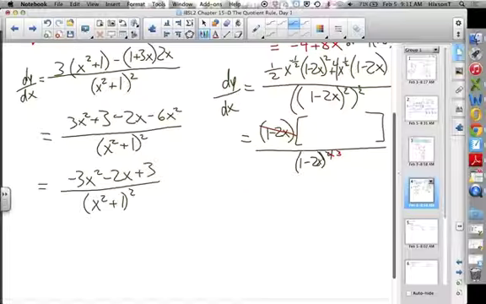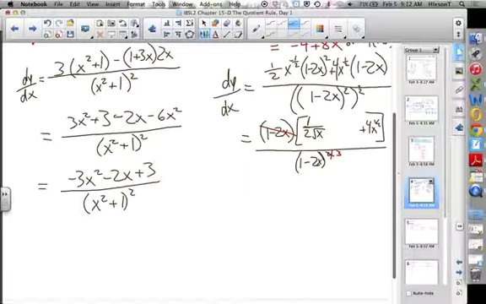Now we still have the rest of our numerator. We have a plus 4x to the 1/2 here. If we distributed the 1/2 x to the negative 1/2 into the leftover 1 minus 2x, because we took 1 out, but there's still 1 there, we're going to have a 1/2 x to the negative 1/2, so I'll convert that to 1 over 2 root x.